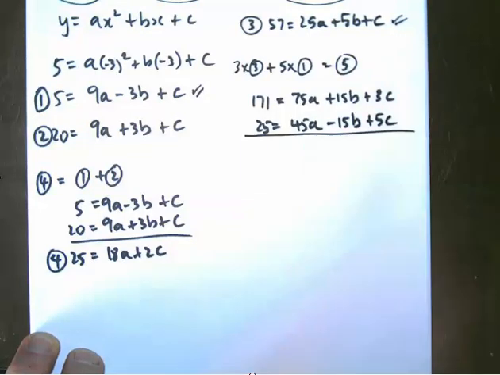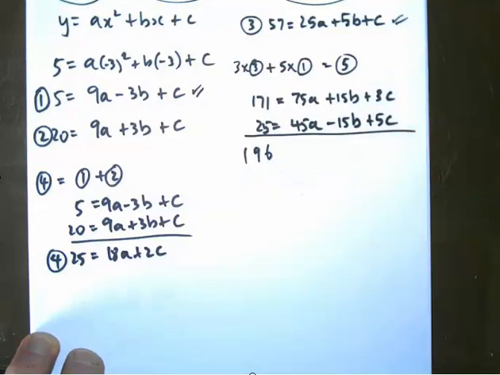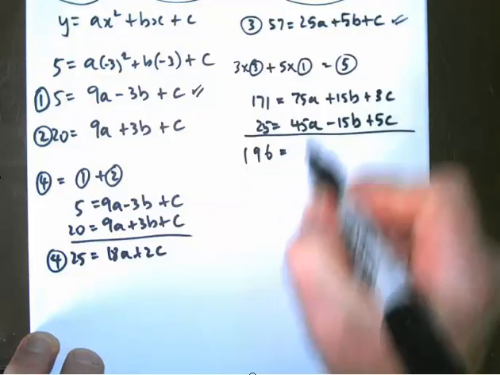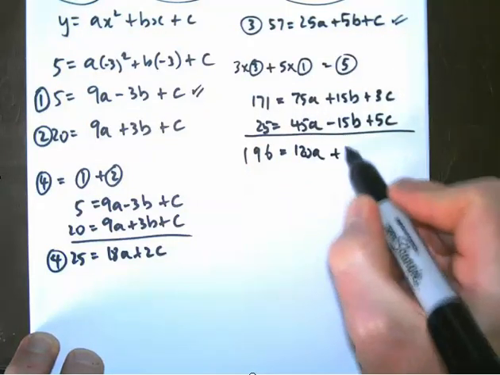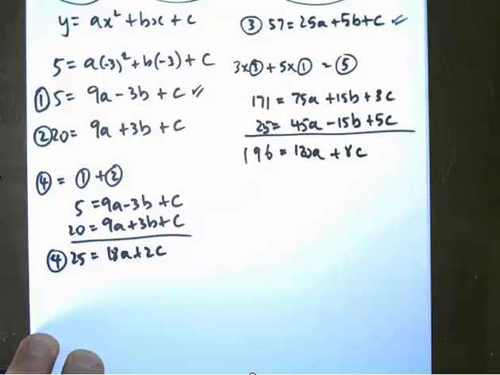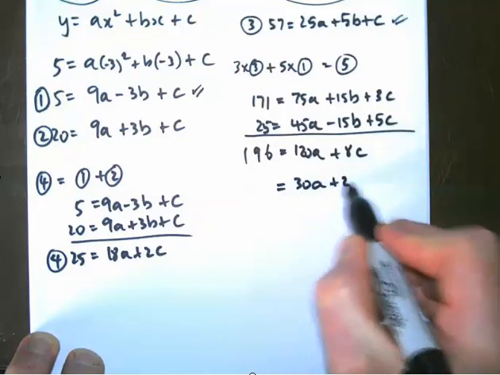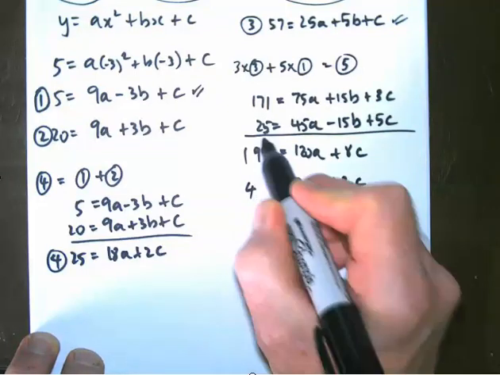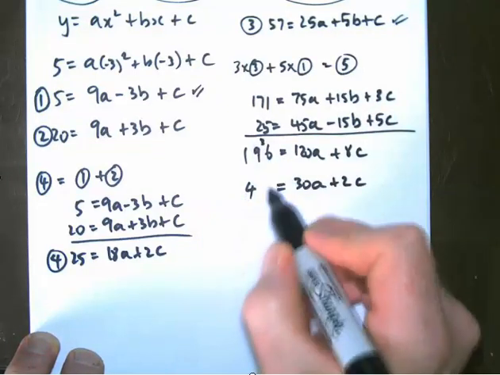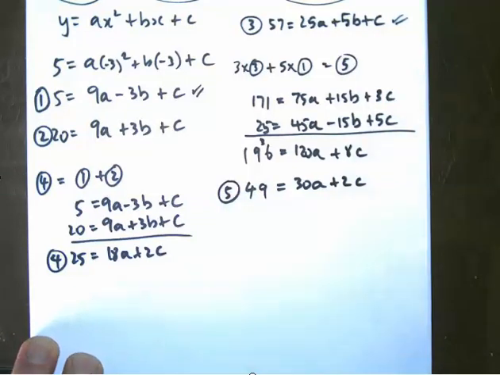I'm going to add those two together. 196 equals 120a, the b's disappear, plus 8c. There's a common factor of 4 in each of these: 49 equals 30a plus 2c. 4 goes into 196 49 times. So that's equation number 5.